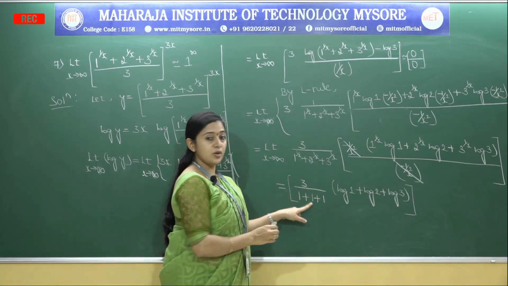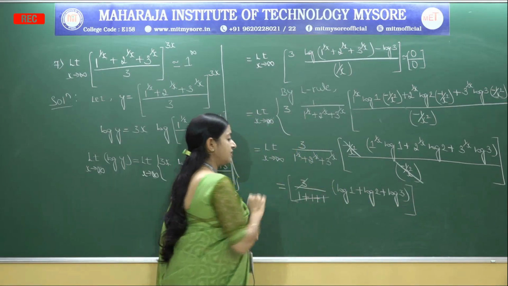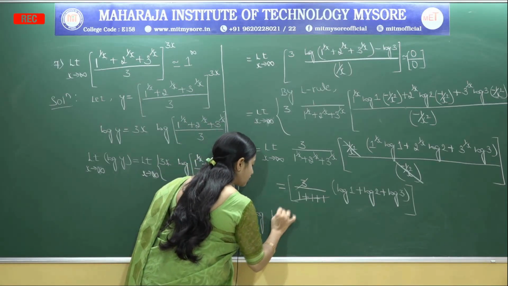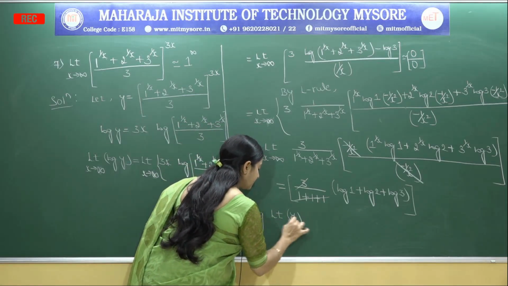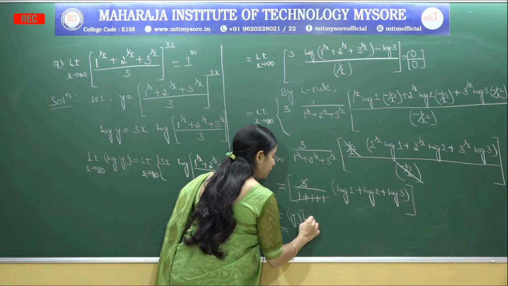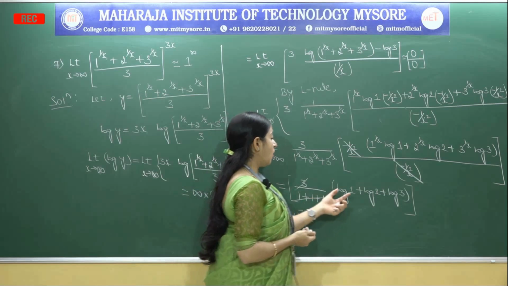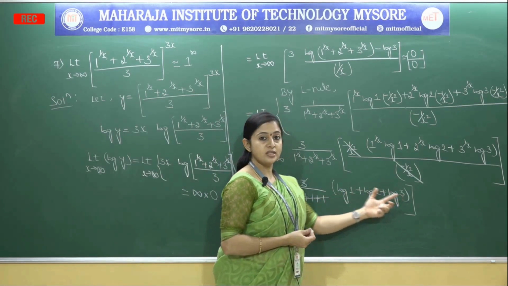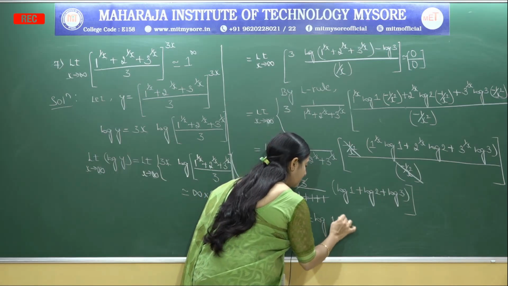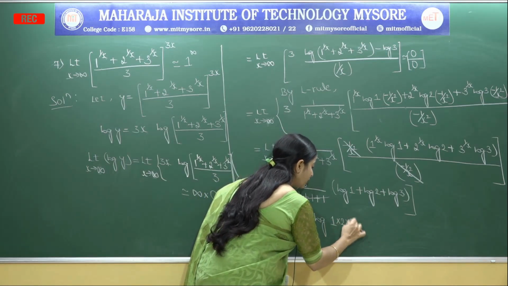So 1 plus 1 plus 1 gives 3 in the denominator, which cancels with the numerator. For the left part, you have the log with the limit interchanged. Here apply the logarithmic property: log a plus log b plus log c can also be written as log abc. So it is log of 1 into 2 into 3.